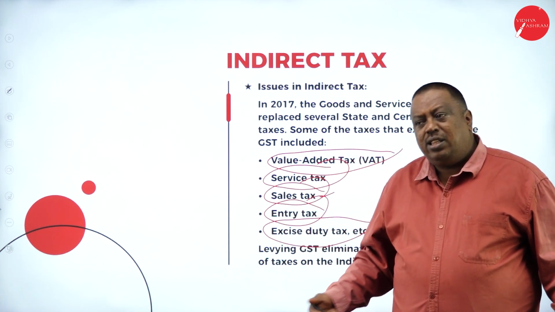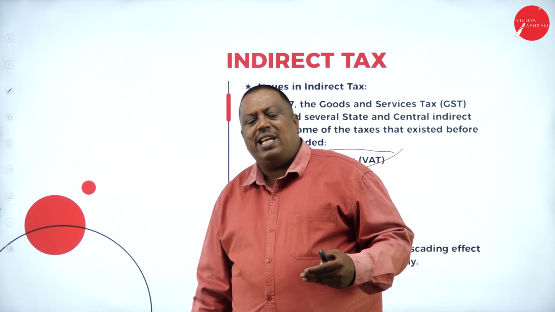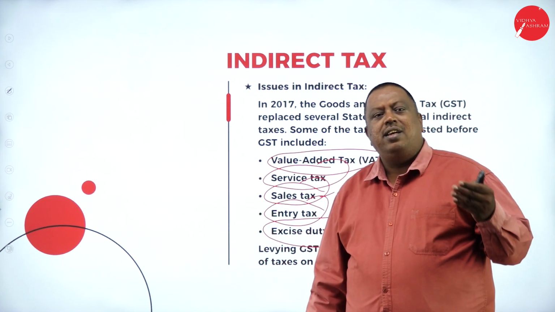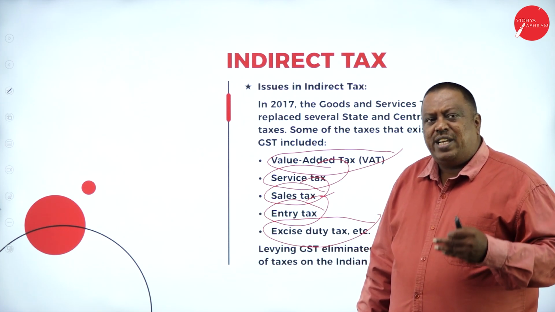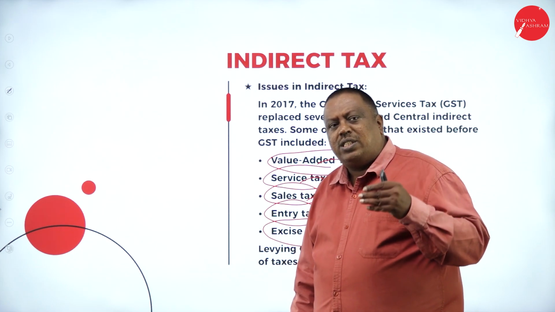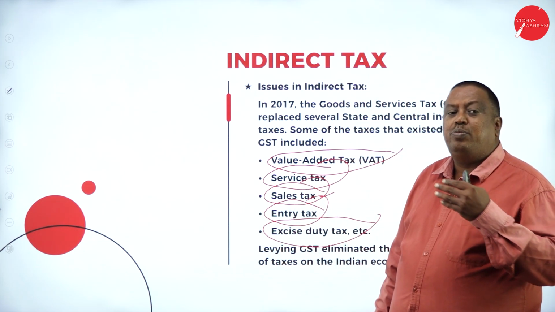For that reason, they thought, instead of having such concepts, let us merge sales tax into one concept and bring in goods and services. The moment the goods start moving, we can identify where the goods have been purchased, where they have been sold, and who is consuming the goods.